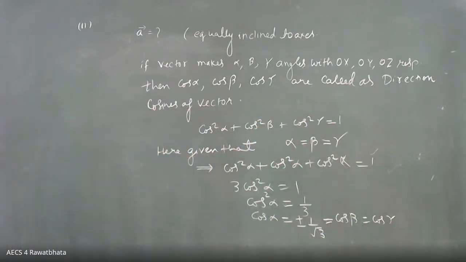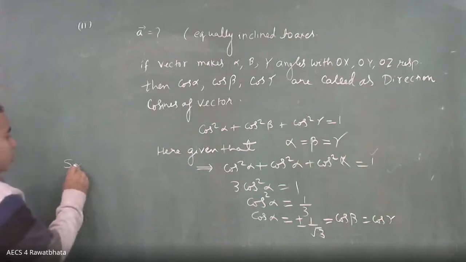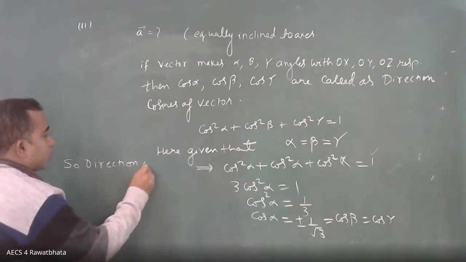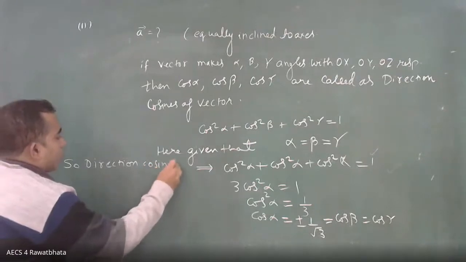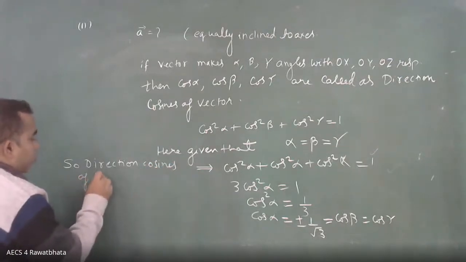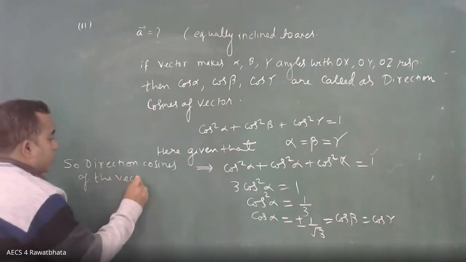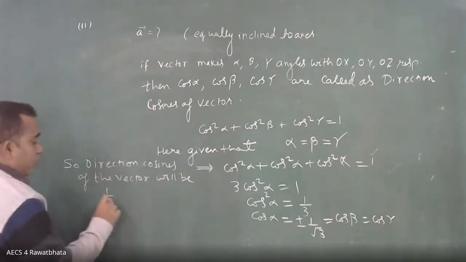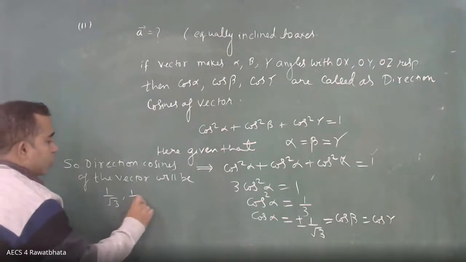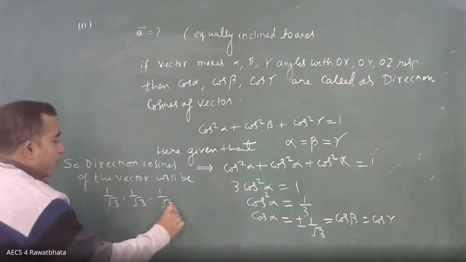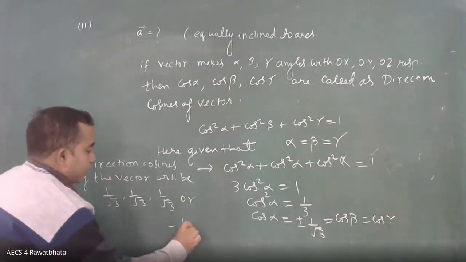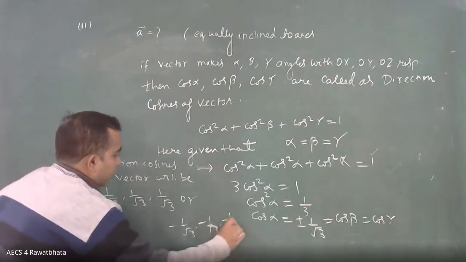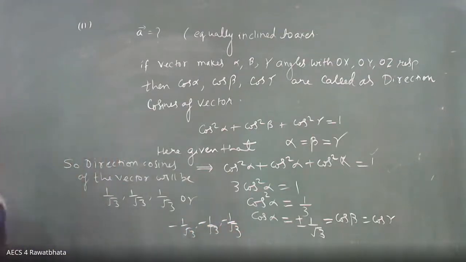So direction cosines of the vector will be 1 upon root 3, 1 upon root 3, 1 upon root 3, or with minus 1 upon root 3, minus 1 upon root 3, minus 1 upon root 3. This is the answer, right?